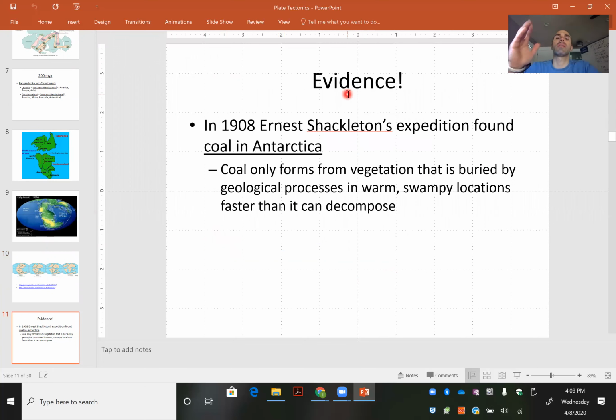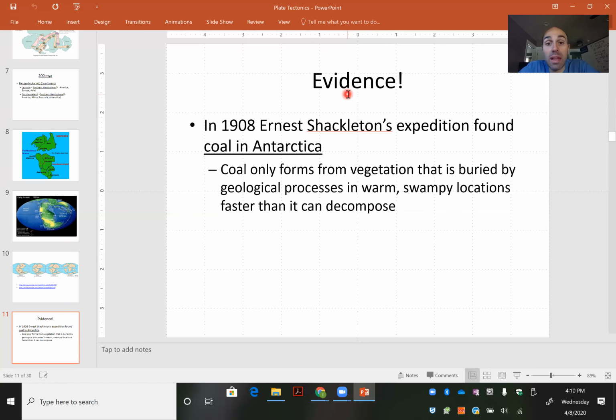So moving on, evidence. In 1908, Ernest Shackleton's expedition found coal in Antarctica. Coal only forms from vegetation that is buried by geological processes in warm, swampy locations, where it can accumulate faster than it could decompose. So my question is, if coal can only be formed in warm, swampy locations, how did it form in Antarctica?